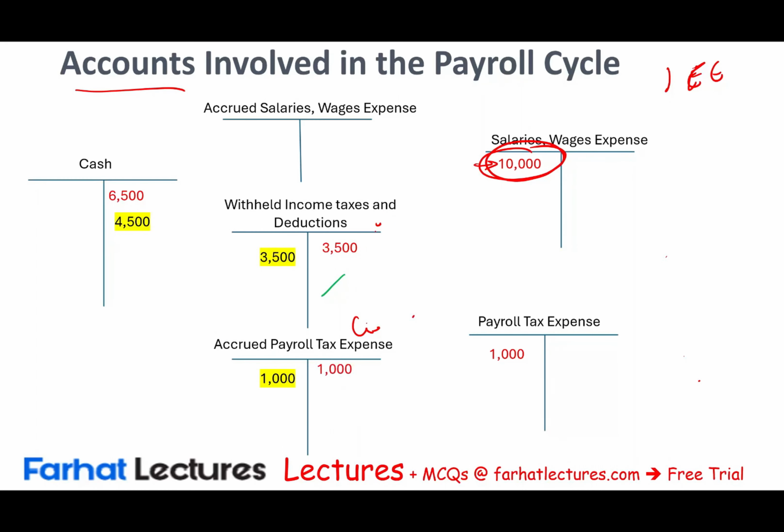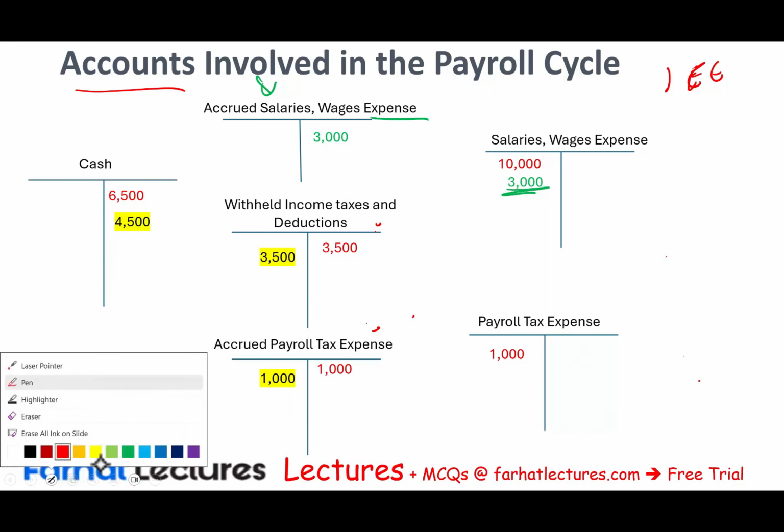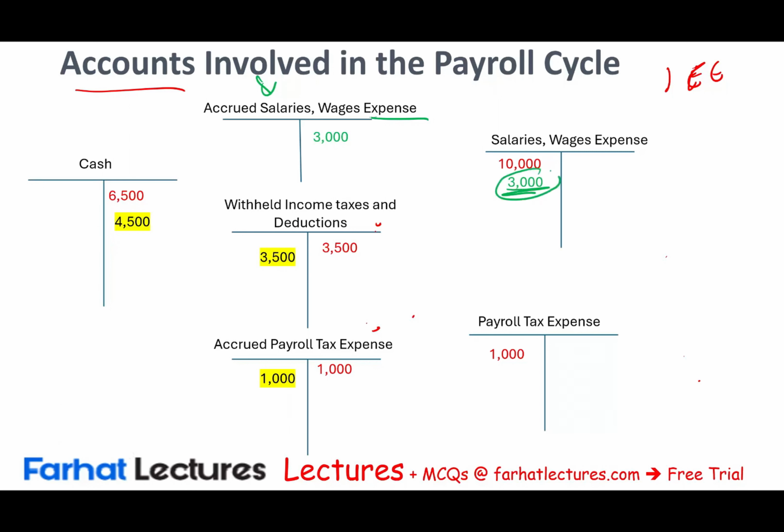What else do we do sometimes? What we do sometimes is at the end of the accounting period, we have to accrue expenses. In other words, we have to debit expenses. For example, at the end of the period, we debited salaries expense, $3,000. We are not paying this expense now.